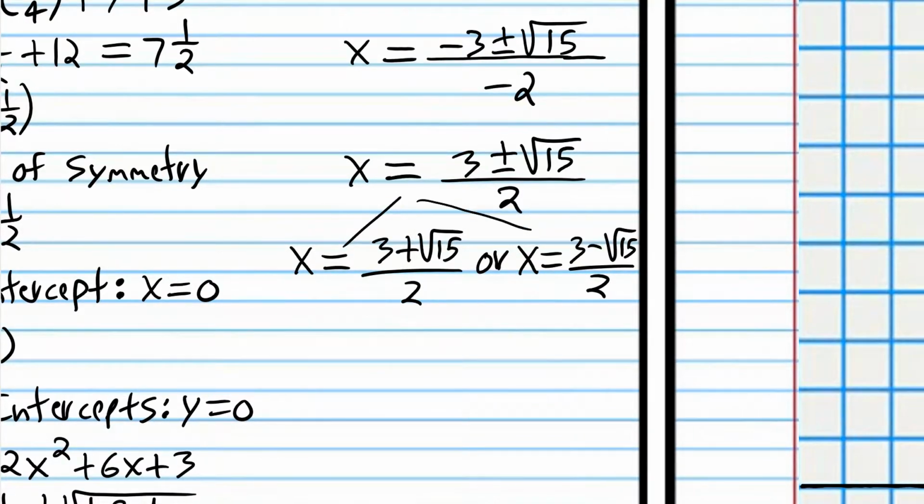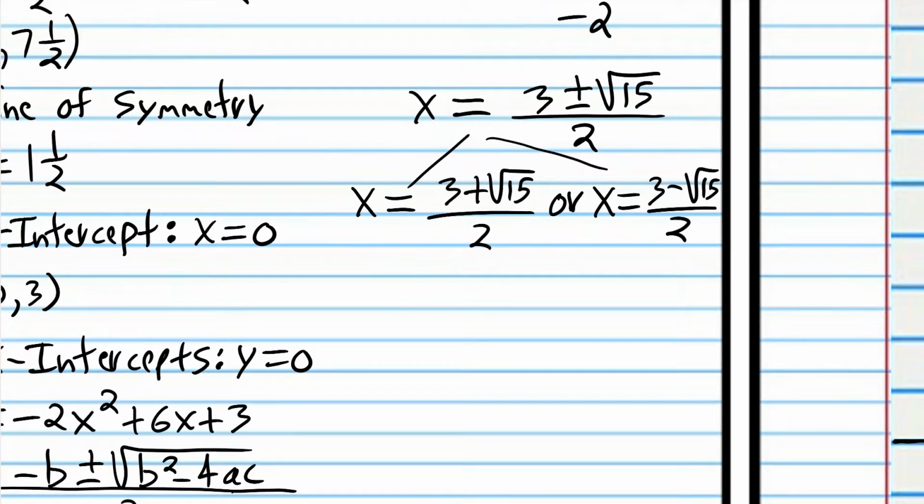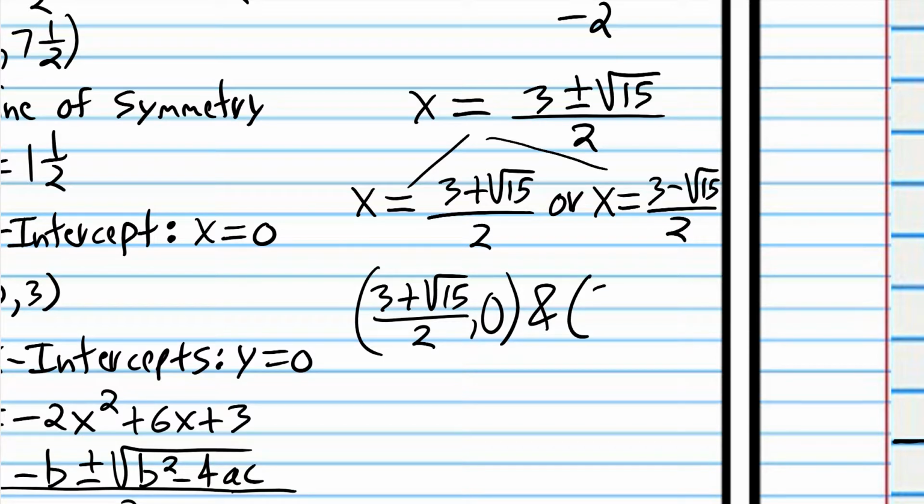And so that doesn't really help us because those numbers are kind of enigmatic. So we're going to use the calculator to find those numbers. And maybe I'm just going to write the coordinates first. Maybe that would be a little easier to understand compared to how we did it last time. So 3 minus root 15 over 2, 0.